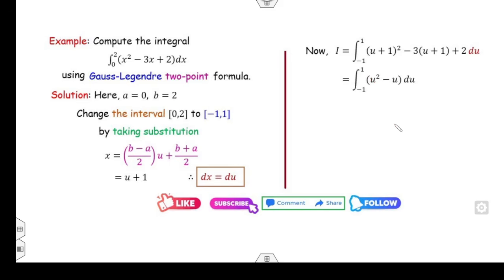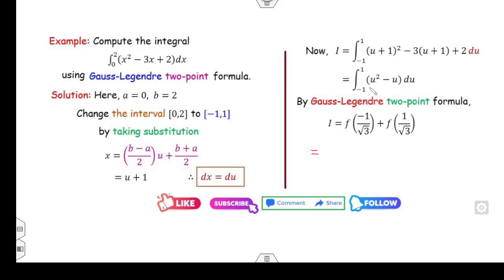Now you can apply the Gauss quadrature 2-point formula. So what is that? It is f of minus 1 over root 3 plus f of plus 1 over root 3, with u square being 1 over 3 and the u terms canceling. So the answer, 2 by 3, is the required answer of the problem.